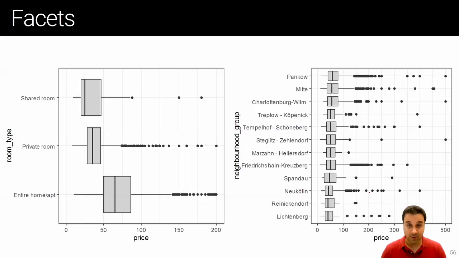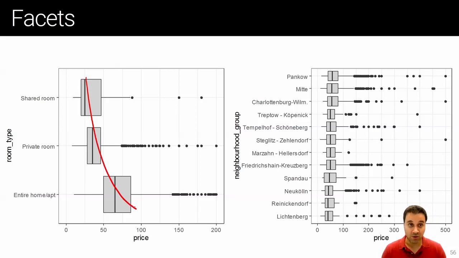So here we have the distribution of the prices in the listings by room type. Nothing out of the ordinary. We also have here the distribution by neighborhoods. So something we see here at the level of the whole data set is that we see this price increasing, right?